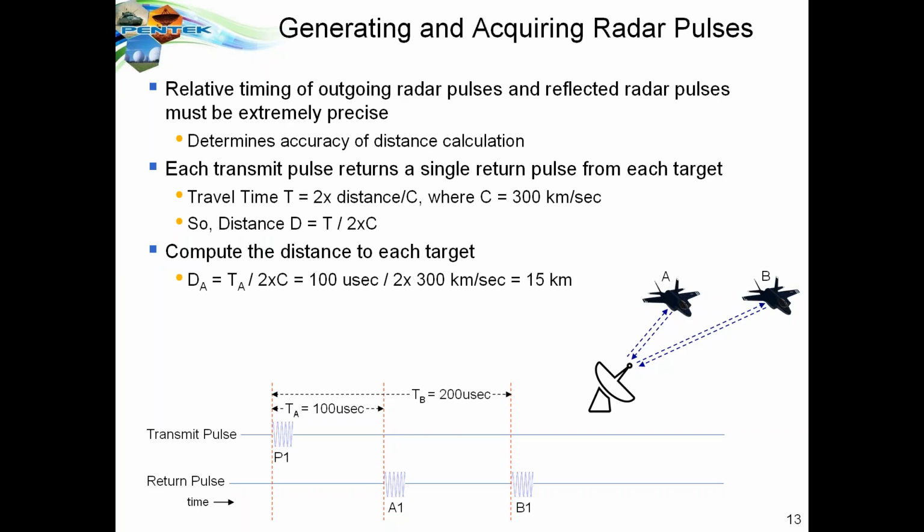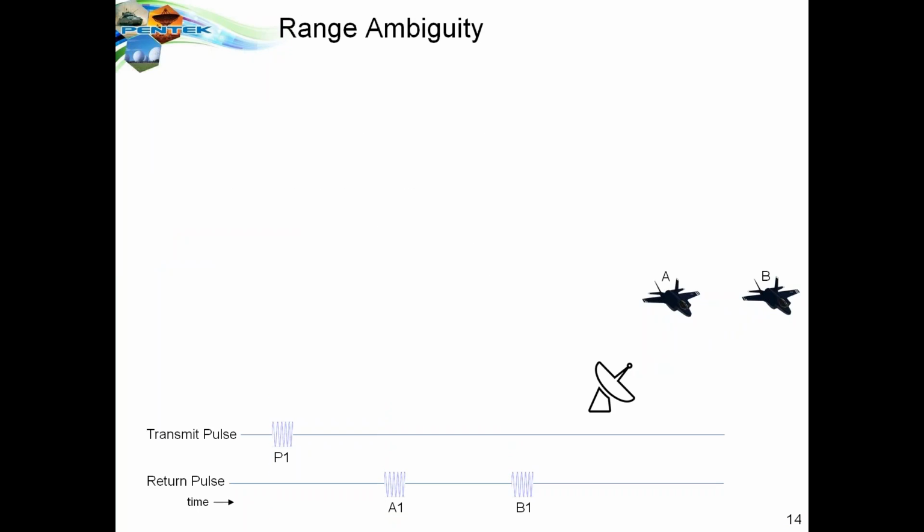The reflected pulse B1 from target B is 200 microseconds. Plugging that into the formula, we get a distance of 30 kilometers to target B. These are the basic principles for doing radar measurements.